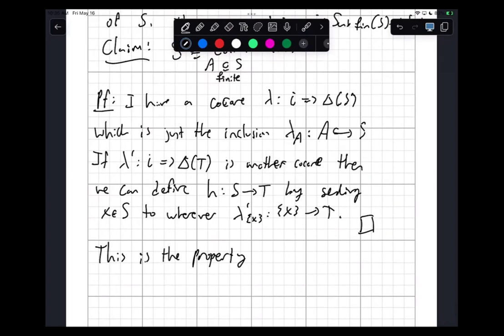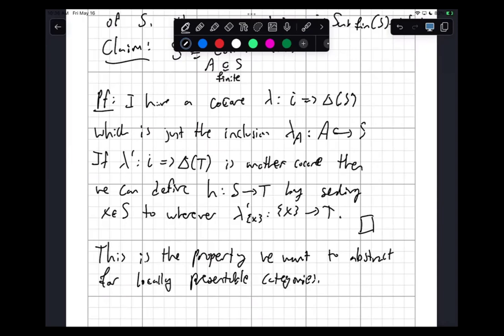So this is the property we want to abstract for locally presentable categories. I'm also going to just say this remark in words. There's been a recent movement by Jacob Lurie to just call these presentable categories.